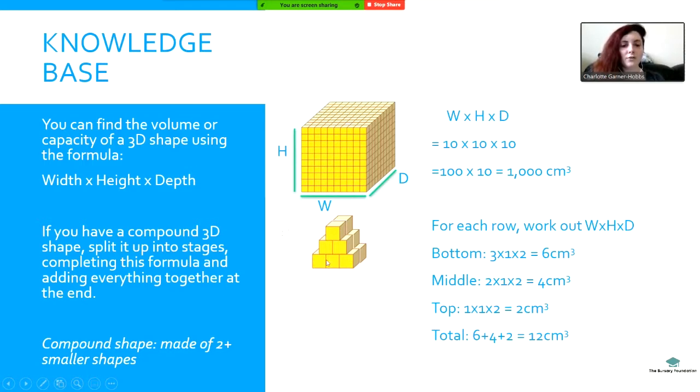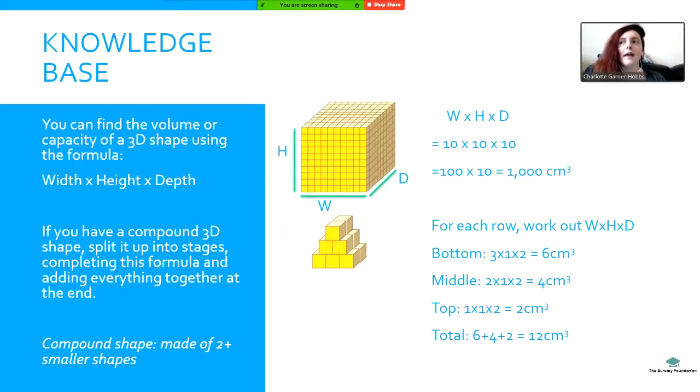So the 3 squares for the width are multiplied by the 1 row for the height and the 2 squares going back for the depth, which gets me 6 centimetres cubed. Same thing for the middle, which gets me 4 centimetres cubed, and then the top would get me 2 centimetres cubed. Then I just add up all of those, so 6 plus 4 plus 2 gives me 12 centimetres cubed.